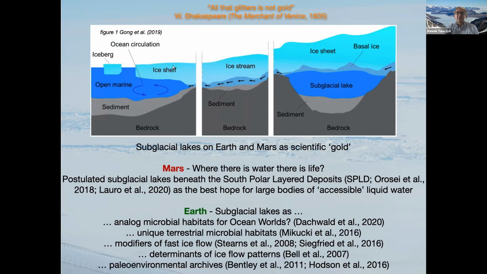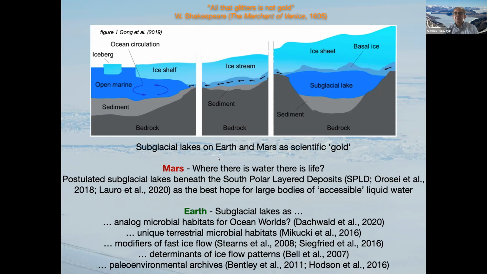It's a nice figure from colleagues who've published a paper recently. And in many ways, subglacial lakes are of scientific interest and general interest. Many people from the general public who talk to me get excited when they hear that there are lakes, some of them as large as some of the Great Lakes here in the U.S., beneath the ice sheet in Antarctica.